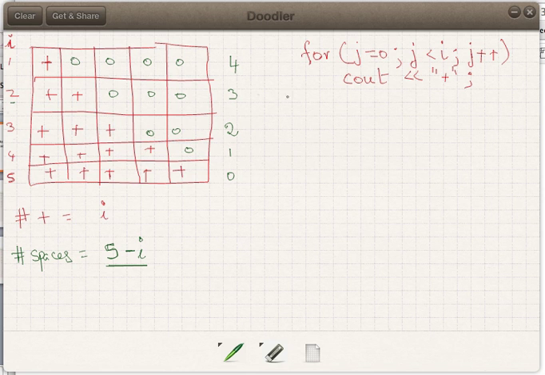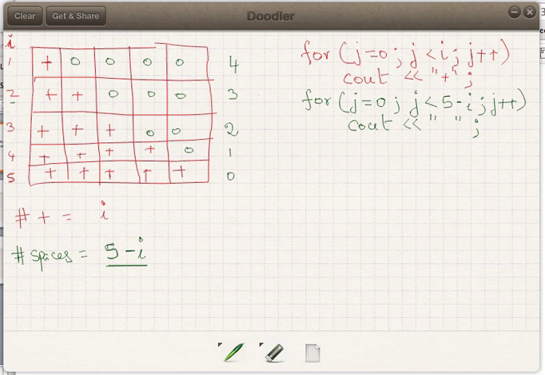That's all we need. So here, for j equal to 0, j less than 5 minus I, j plus plus, we print spaces, right? So that takes care of the spaces.